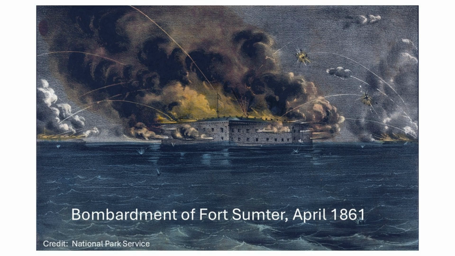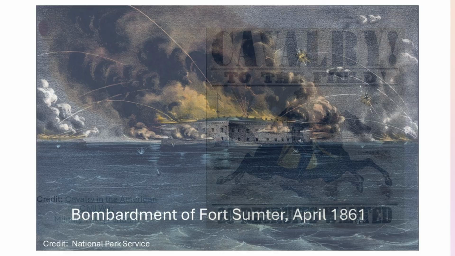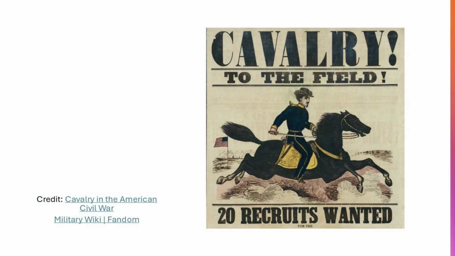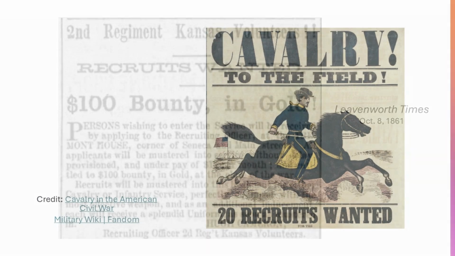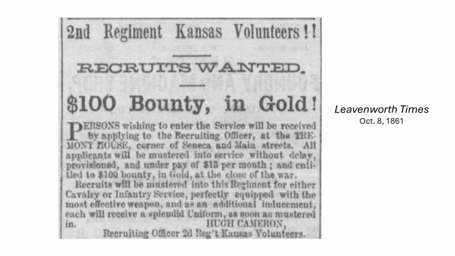After Confederate forces seized Fort Sumter in April 1861, Lincoln issued a call for 75,000 loyal citizens to preserve the Union. The War Department offered a $100 bounty to every volunteer. Newspapers in Kansas advertised, "Recruits wanted, $100 bounty in gold."